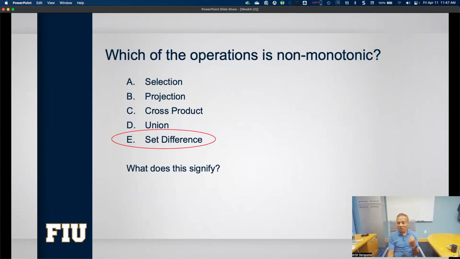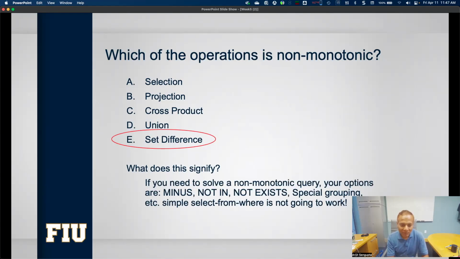Now, set difference is not the only way to solve non-monotonic queries. And in fact, we are going to go over several different ways you can solve non-monotonic queries. Remember, in SQL, a problem does not necessarily have a single solution. You can create multiple solutions to solve the same problem.